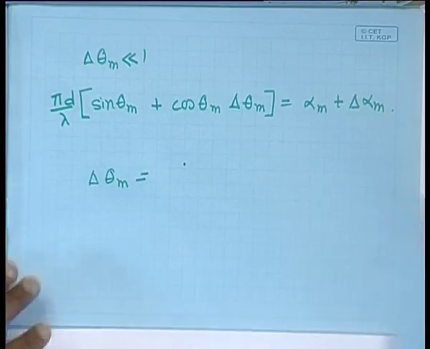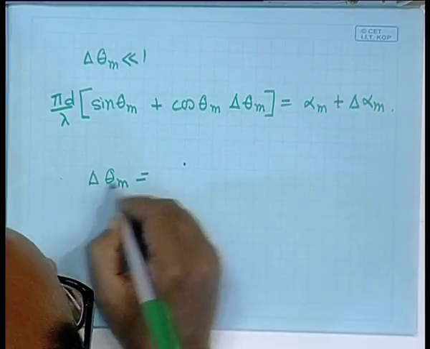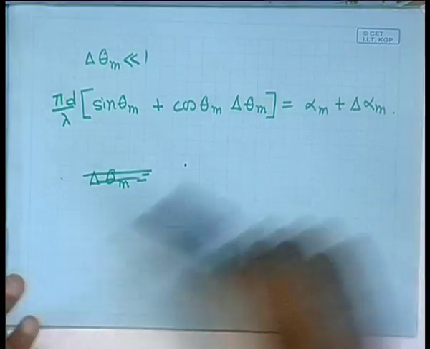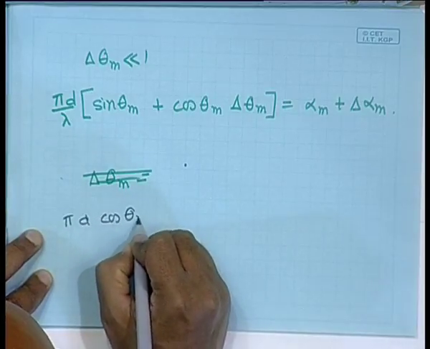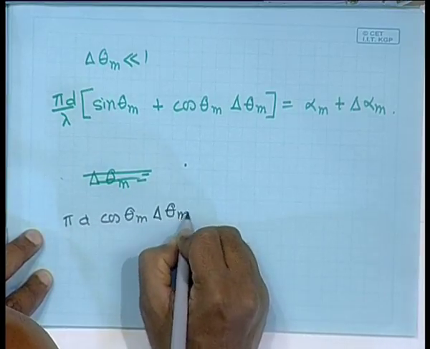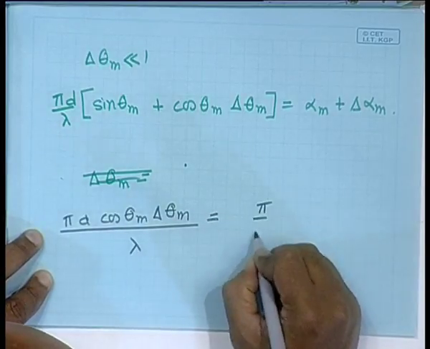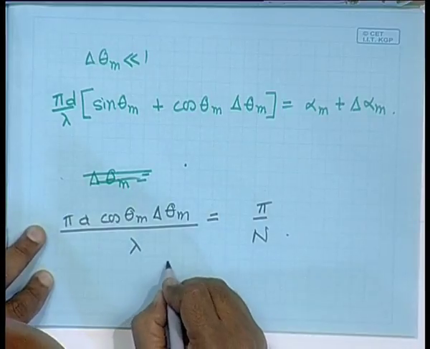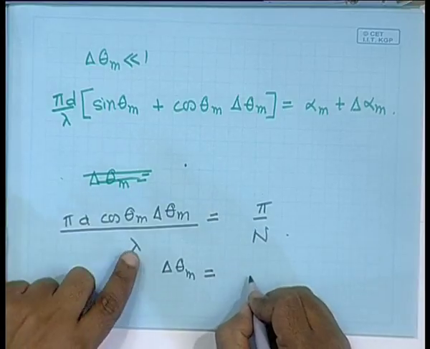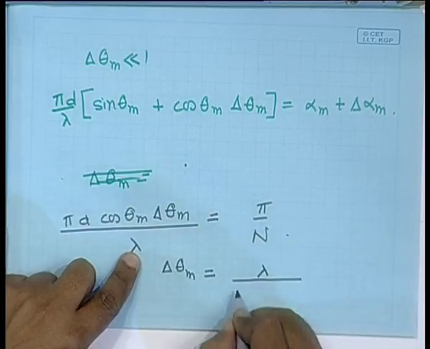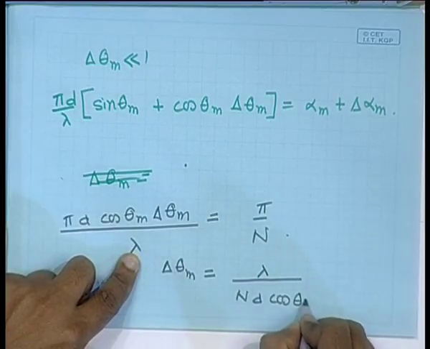So, the condition that we get, I can write it out like this: pi d cos theta m delta theta m by lambda is equal to pi by n, which gives us that delta theta m is equal to lambda by n d cos theta m.